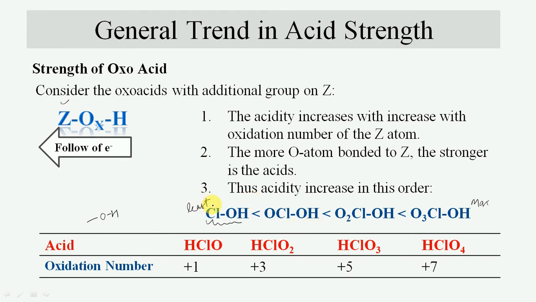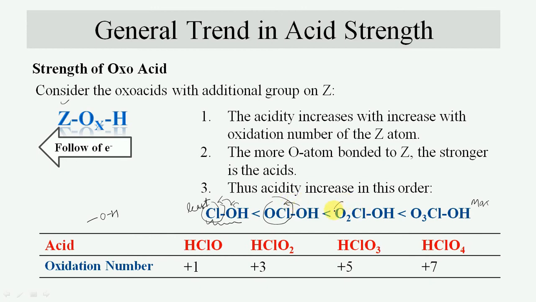In the first case, there is only one chlorine atom withdrawing electrons from oxygen, then from hydrogen. In this case, one chlorine and one oxygen are withdrawing electrons from oxygen.